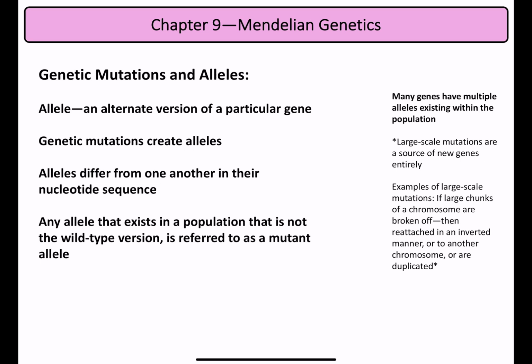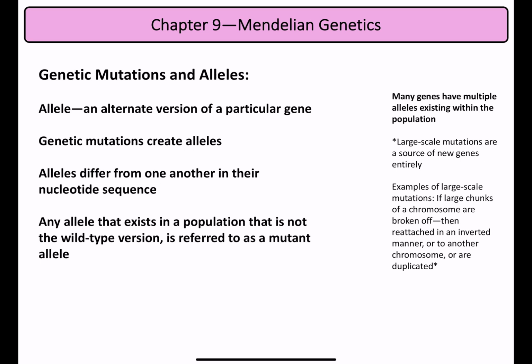And so, as I've been saying, there isn't just one version of a gene in a population. Sometimes there are multiple slightly different versions. So we have a proper name for a slightly alternative, different version of a gene, and that term is allele. Okay? So any various versions of a gene are considered alleles of one another.